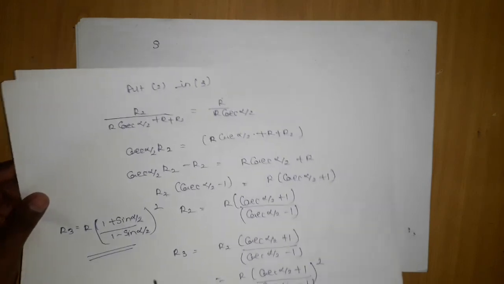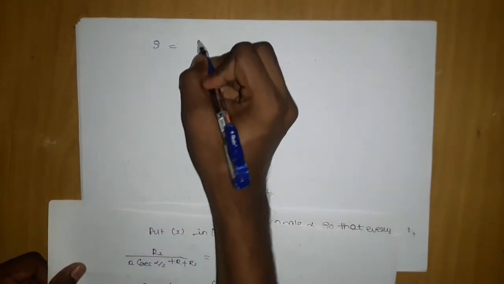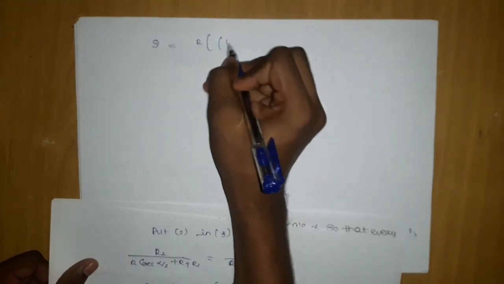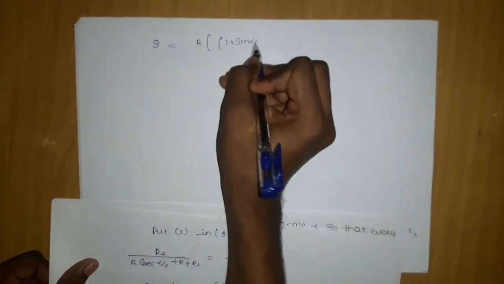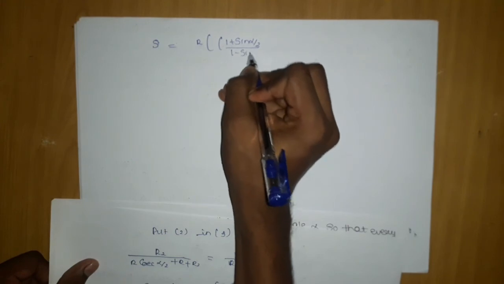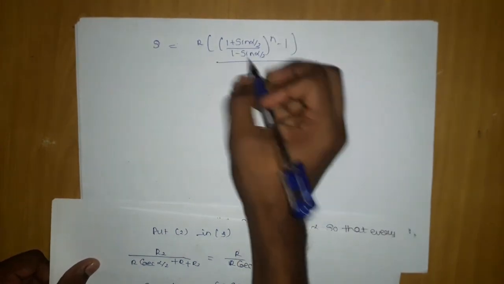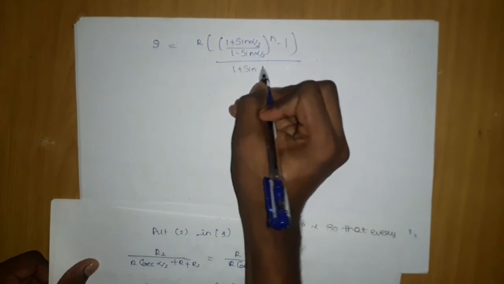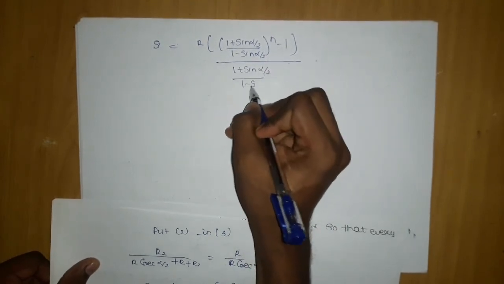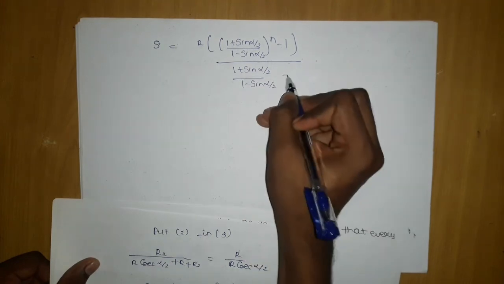The moment you are able to predict this, you can apply the summation S, where a is this, 1 plus sine alpha by 2 upon 1 minus sine alpha by 2. How many terms are there? N. So it is the ratio to the power n minus 1, upon the ratio minus 1.